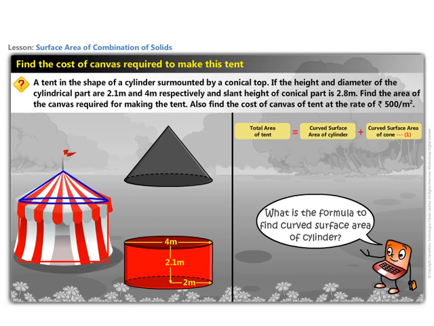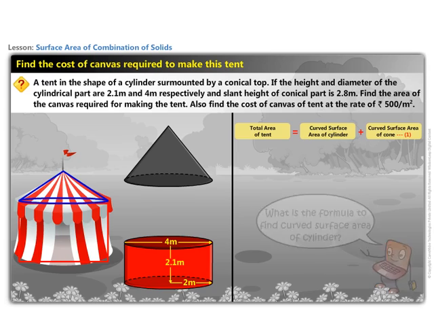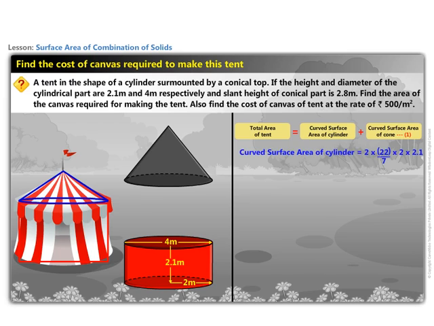What is the formula to find the curved surface area of a cylinder? We know the curved surface area of a cylinder is equal to 2πrh. Substituting the given values of r, h and simplifying, we get the curved surface area of the cylinder as equal to 26.4 meters square.